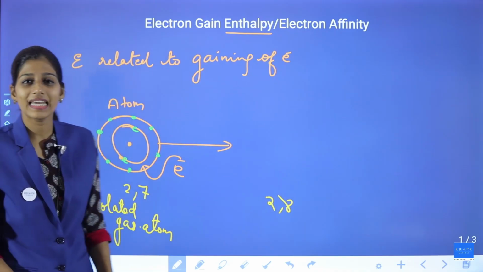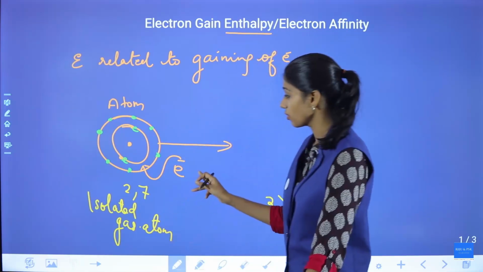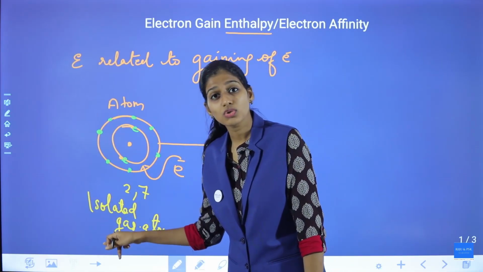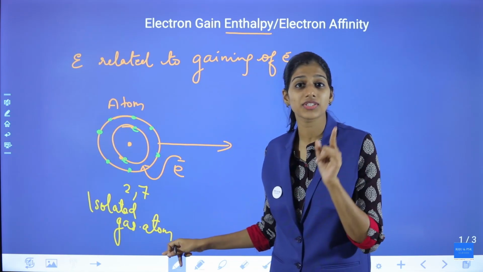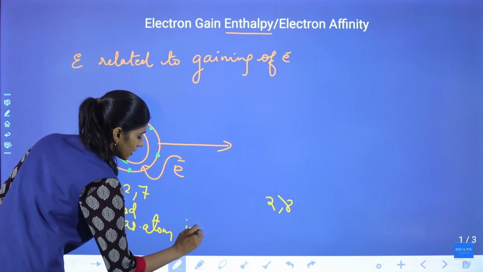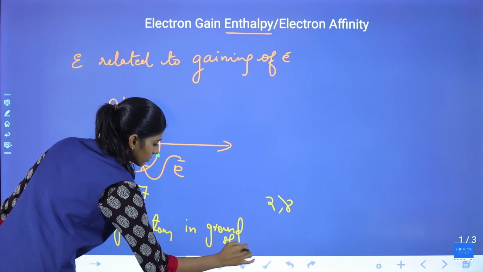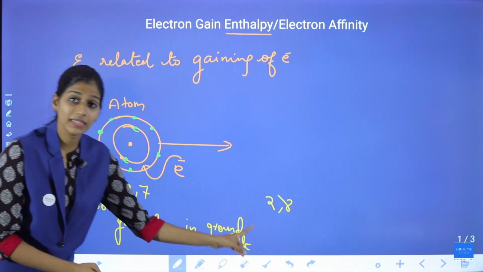So electron gain enthalpy is the energy change when an electron is added to an isolated gaseous atom in the ground state. That is a complete sentence, in the ground state. What do you mean by ground state?